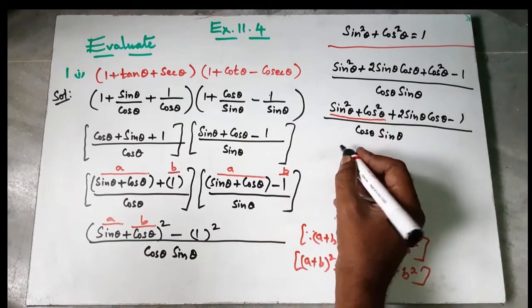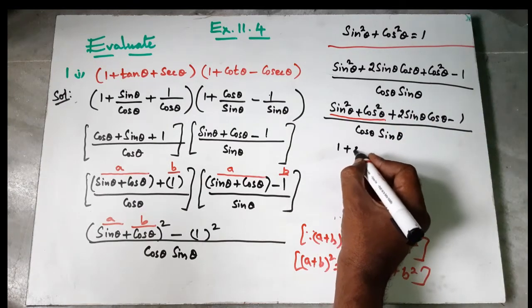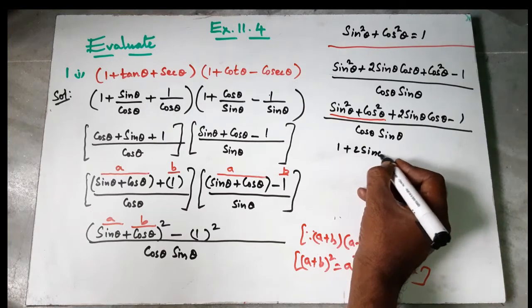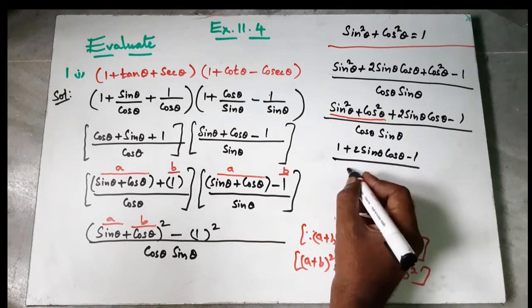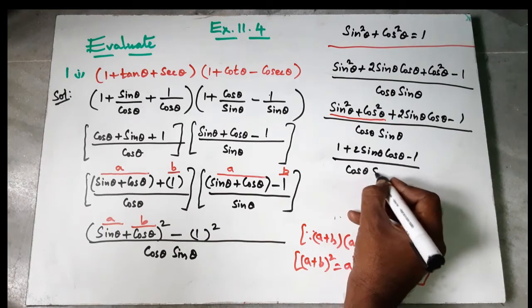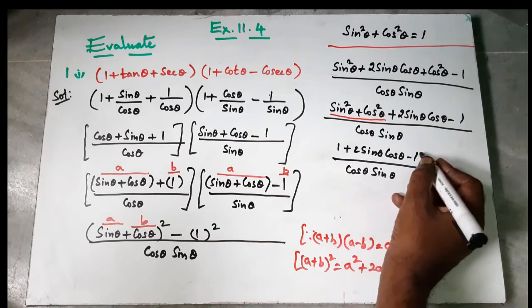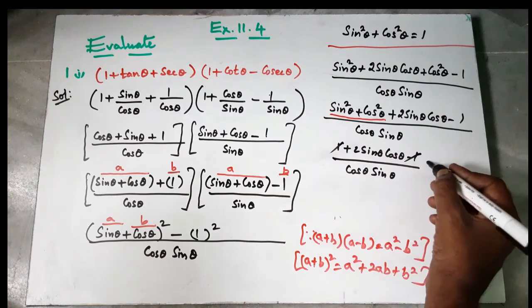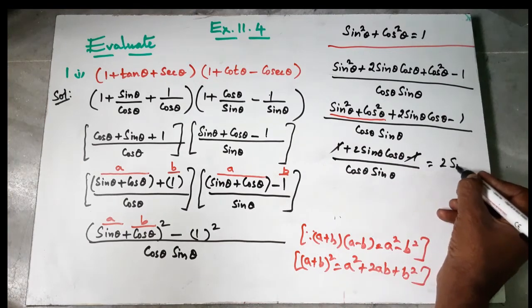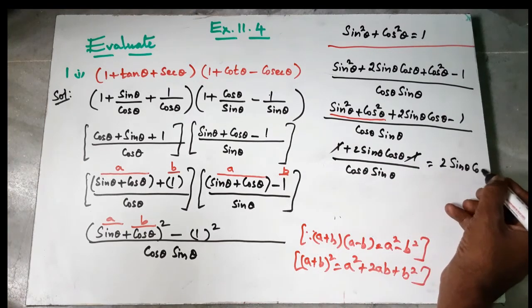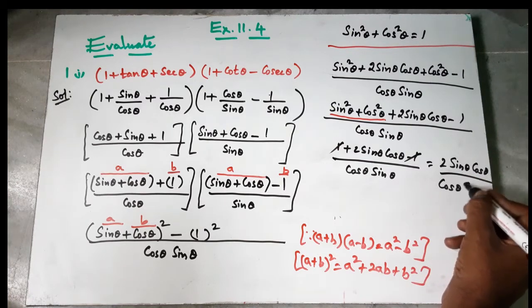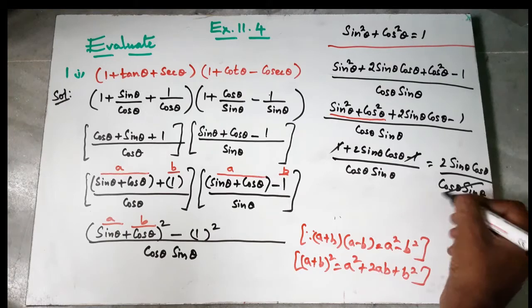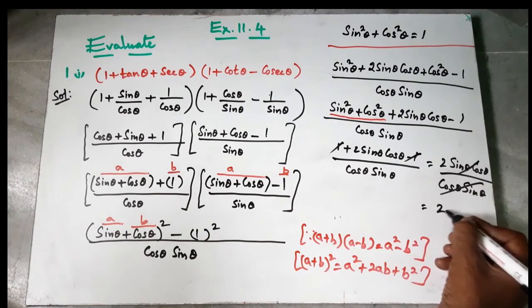So here 1 plus 2 sin theta cos theta minus 1 by cos theta sin theta. Minus 1 plus 1 cancels. So what is remaining? 2 sin theta cos theta by cos theta sin theta. So similar values, so it is 2.